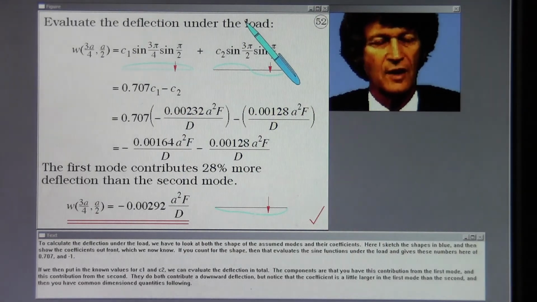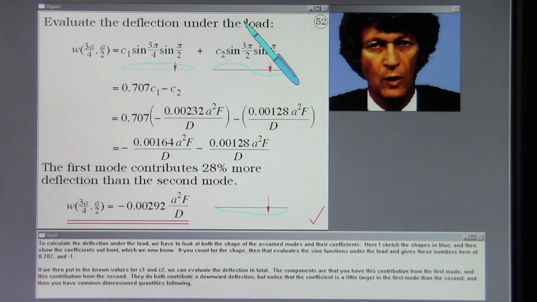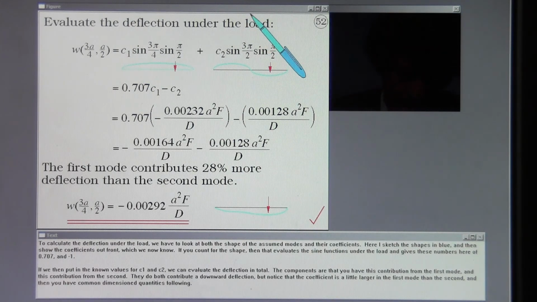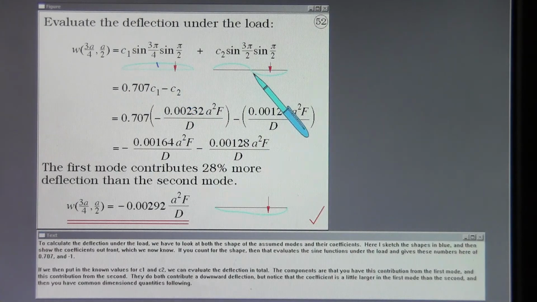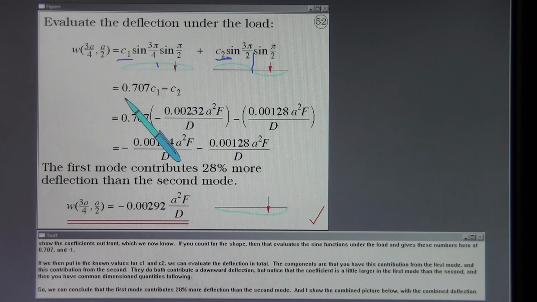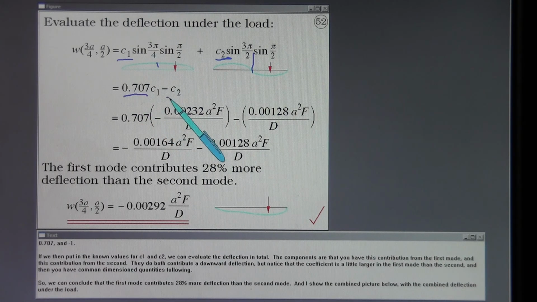To calculate the deflection under the load, we have to look at both the shape of the assumed modes and their coefficients. Here I sketch the shapes in blue and then show the coefficients out front, which we now know. If you account for the shape, then that evaluates the sine functions under the load and gives these numbers here of 0.707 and -1. If we then put in the known values for C1 and C2, we can evaluate the deflection in total.